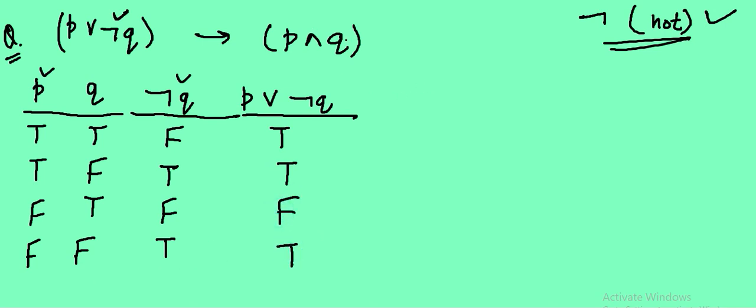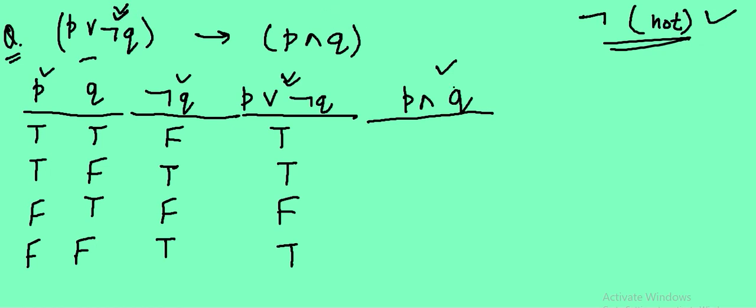And then P and Q. Here we have to find P and Q, because we can only find the value for this whole statement when we have these values. So we have these values here, and these values are here.